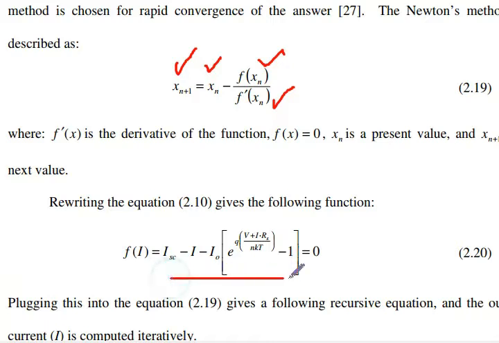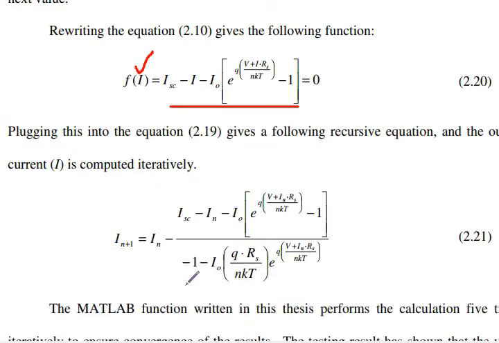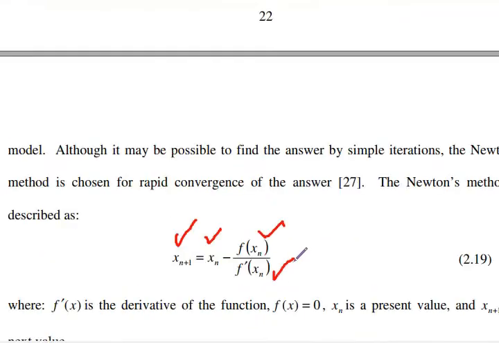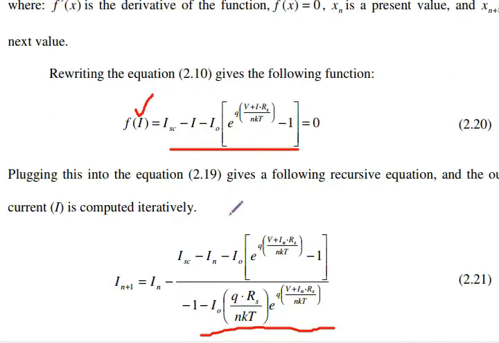In our case the function is I short circuit minus I; if we take everything to the other side and consider it as F(I), because we want to calculate I, our function will be this, and if we take its derivative, it will be equal to this. So this one is the derivative, and this one is F(I), the upper term. So I at n plus 1 is equal to I at n minus F over F derivative, like this. So we will be using an iterative technique.